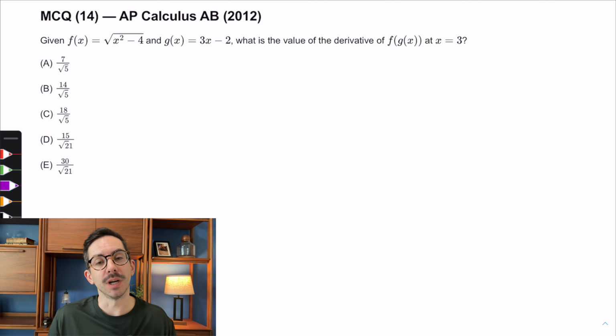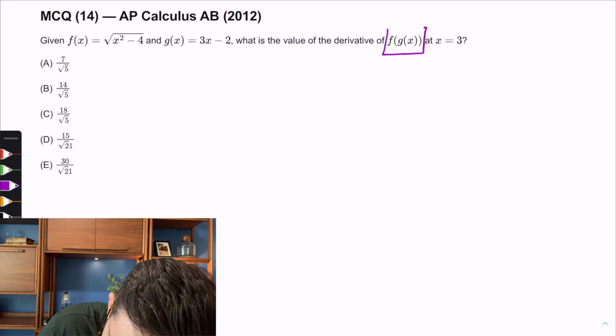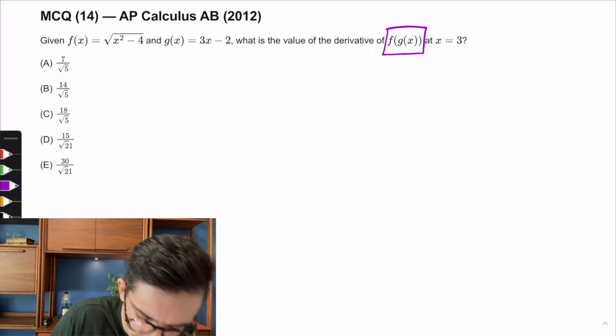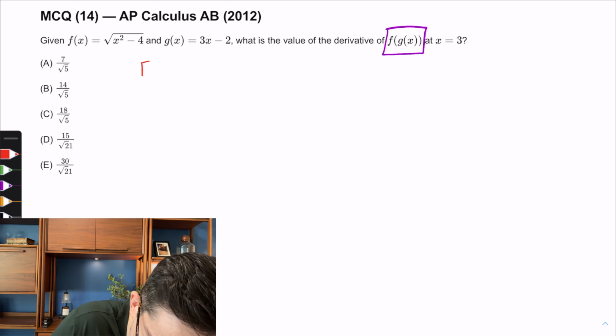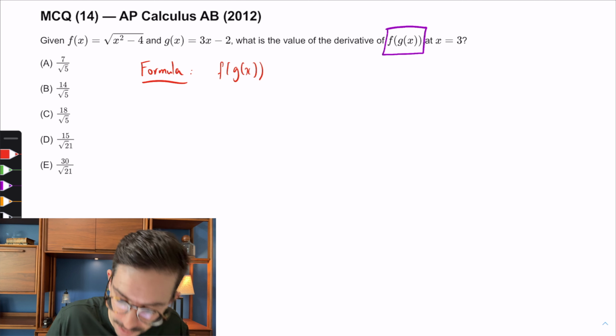In problem 14, we're asked to calculate the derivative of a composite function, f of g of x, when x equals 3. So when we see a composite function, we should be thinking almost certainly I'm going to use the chain rule. Now, there are a couple of different ways we could approach this. The first would be to actually figure out a formula, the rule for f of g of x, and then apply the chain rule to that formula.